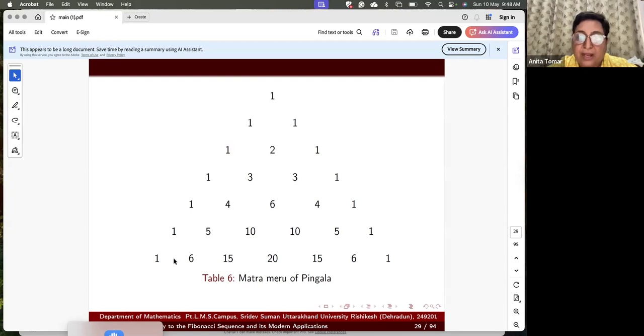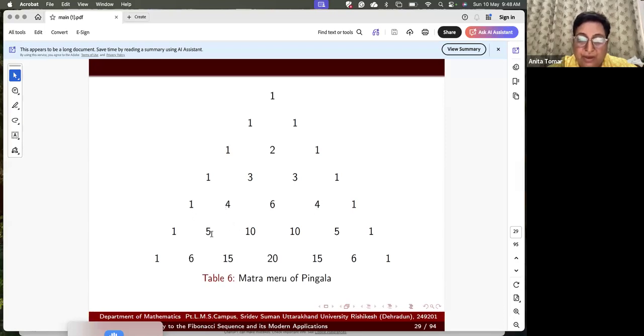On the extreme left, we write 1. And in between, we write the sum of these two. So 1 and 1 is 2. 1 and 2 is 3. 2 and 1 is 3. Here 1 and 3 is 4. 3 and 3 is 6. 3 and 1 is 4.